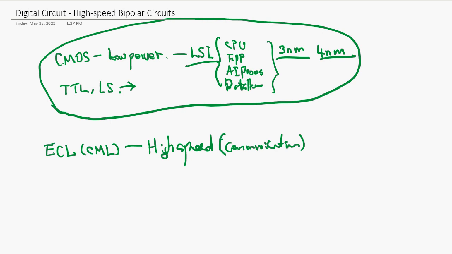Speed can be adjusted for each gate by allocating more current, more power to the gate. So gate speed is somewhat customizable.